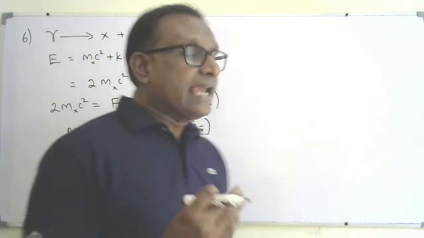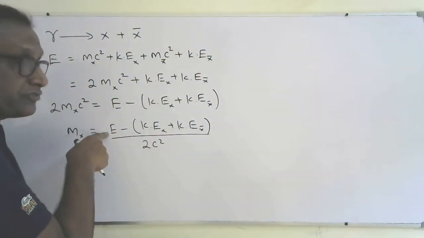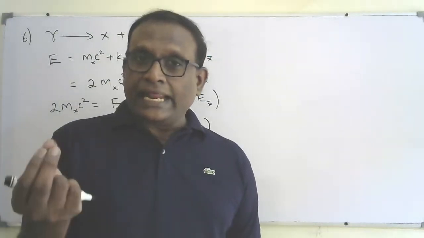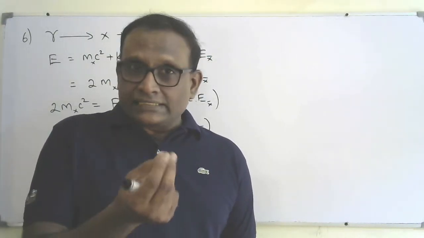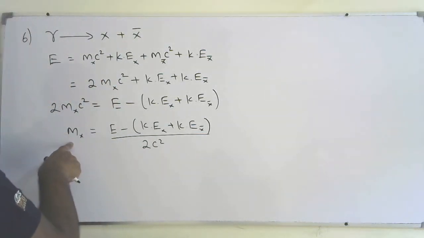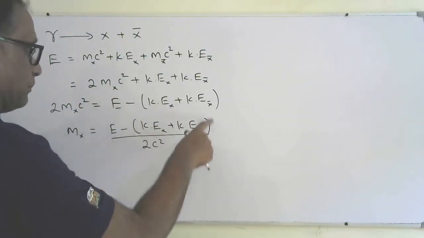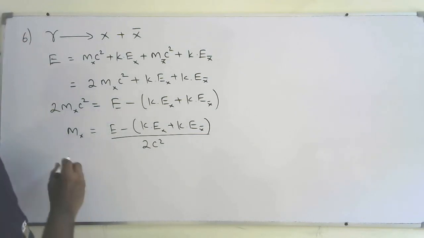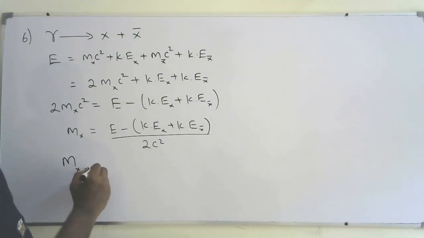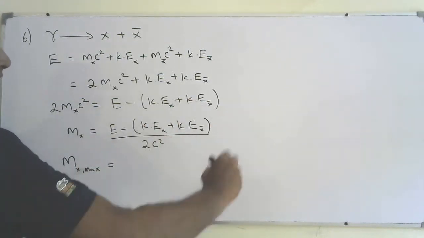So for the given energy of the photon E, during the pair production, if the particle and antiparticle pair are just created without any kinetic energy, the mass will be the maximum. So when this quantity becomes equal to 0, we will get the maximum mass. I can say mx maximum we get when all these become equal to 0.